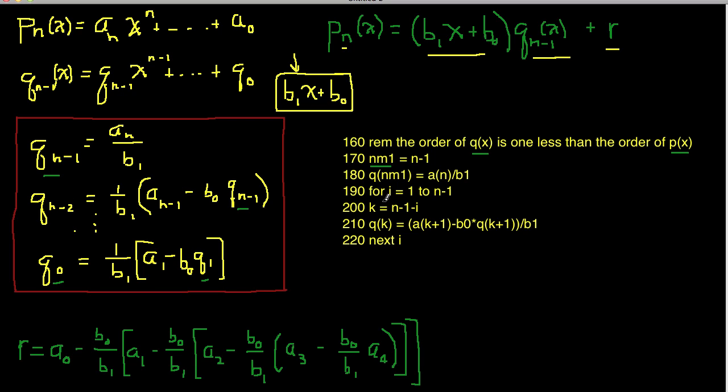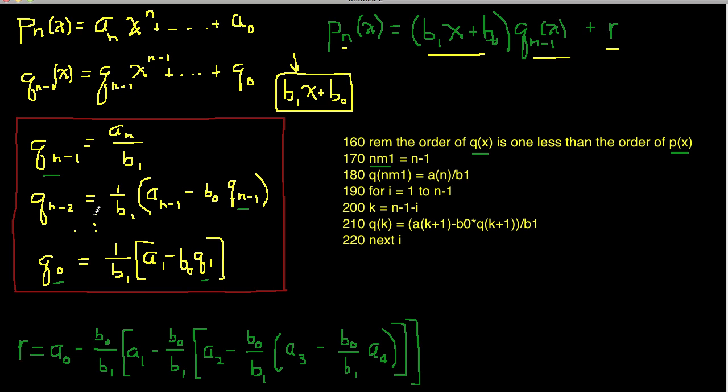I have for I equal 1 to n minus 1, and I set k equal to n minus 1 minus I, and now I set q sub k equal to this thing right in here. So notice, for example, when I is equal to 1, k is equal to n minus 2.